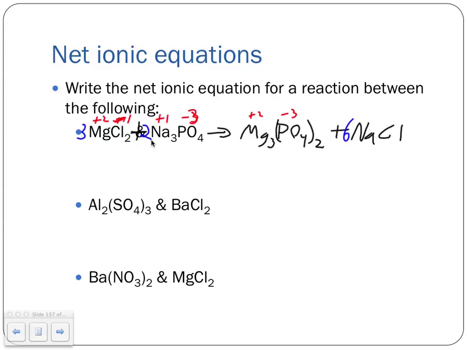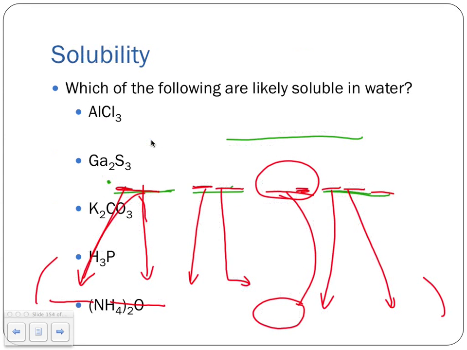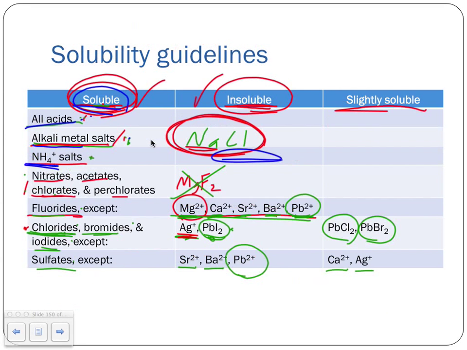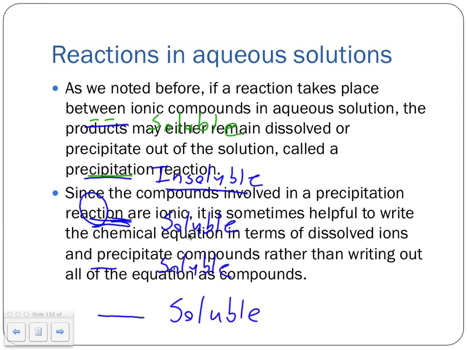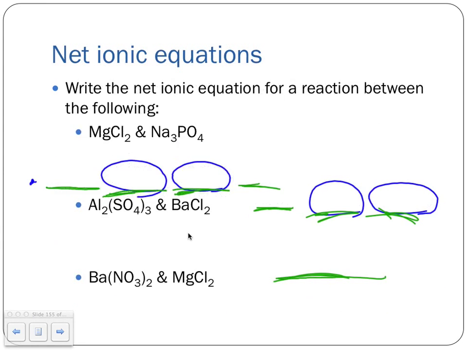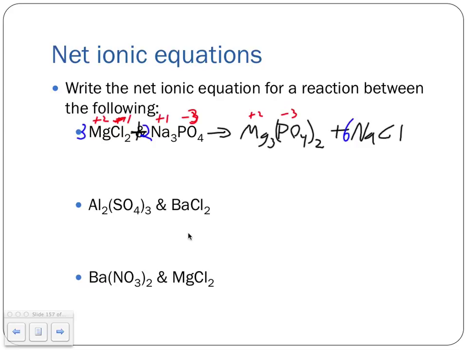So let's take a look. MgCl2. If we go way back and look at this, MgCl2 is a chloride. It tells us that chlorides are typically soluble unless they have silver, and that's it for chloride. So that means this is going to be soluble. And so going back to where we were before, if we're writing this out, we've got magnesium, which is going to be 2+.